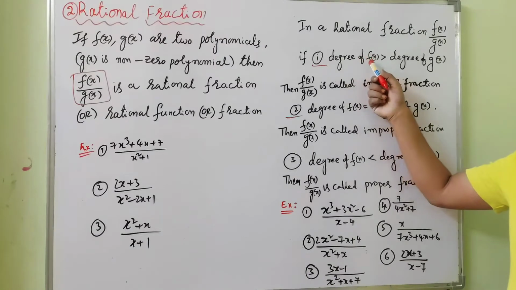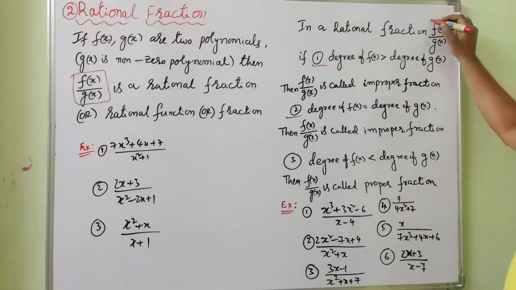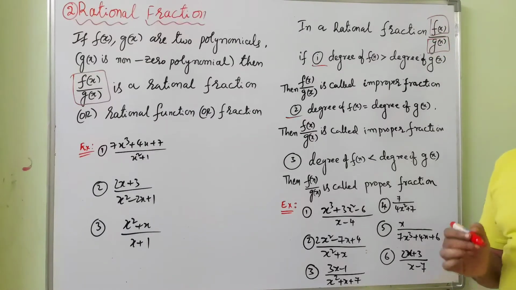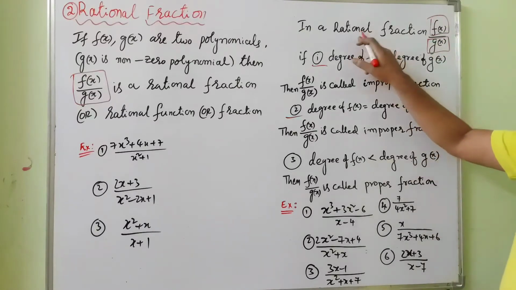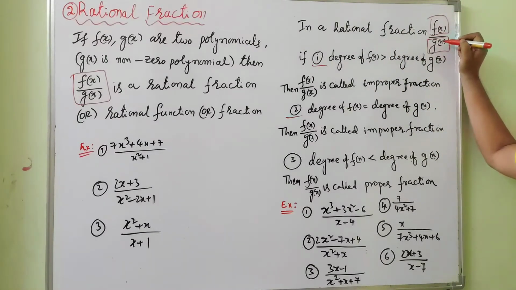Degree of f of x, degree of g of x. That means degree of numerator and degree of denominator. I told you already, for a rational fraction, numerator and denominator both are polynomials.